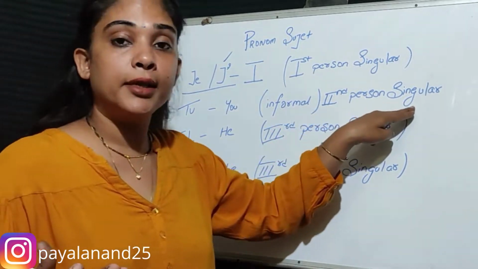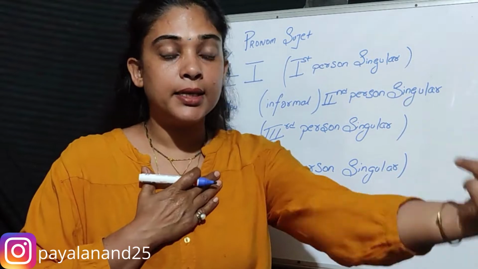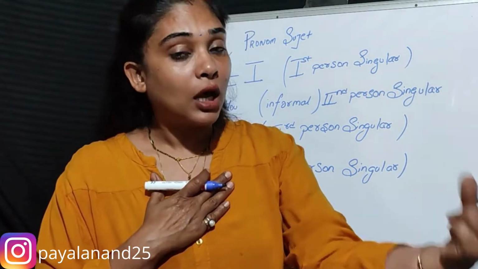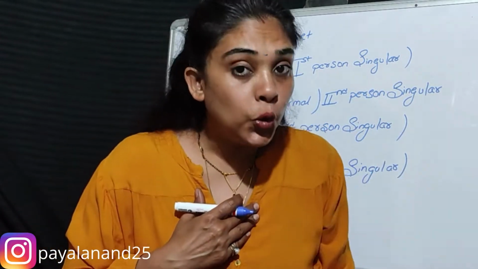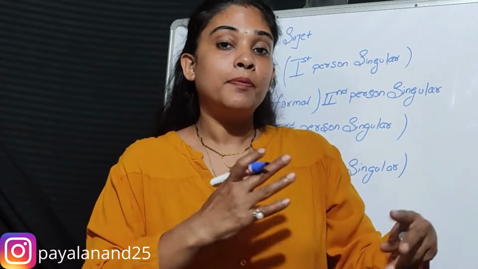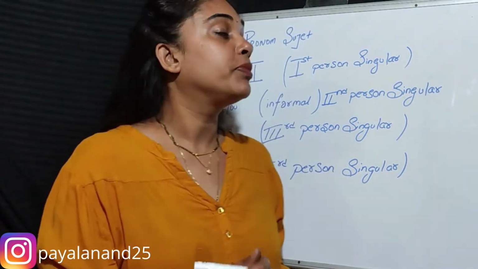Second person singular, only one person. I am the first person; the second person is the one to whom I am talking. If that person is younger than me, I can call that person tu. In Hindi also we say tu to a person who is younger than us.